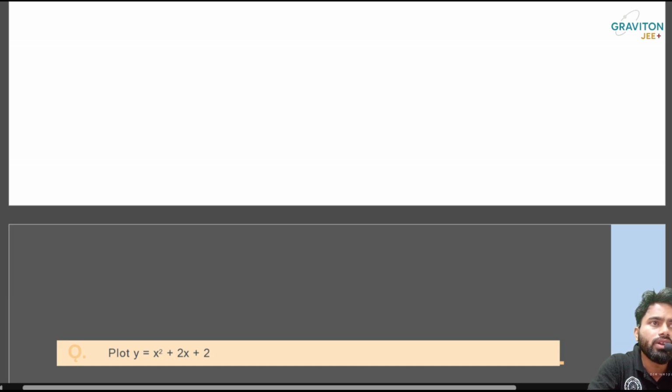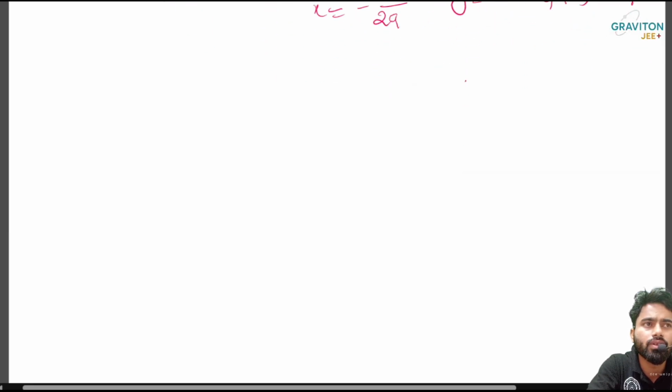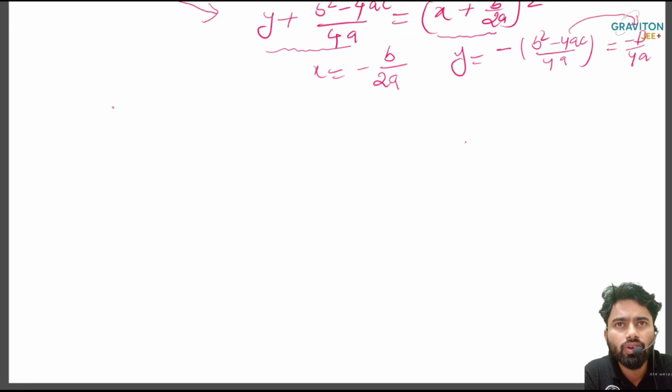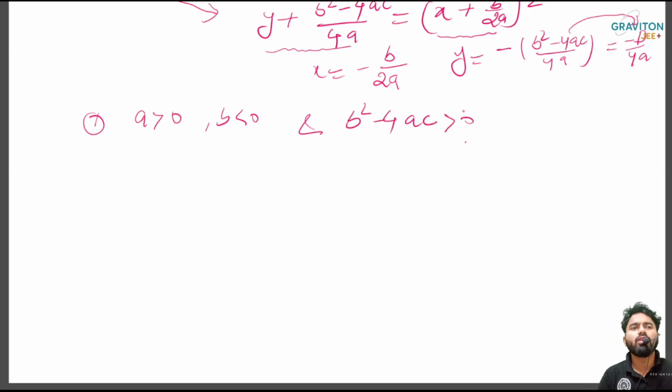So basically, consider a positive, b negative and b square minus 4ac positive, that means d is positive.